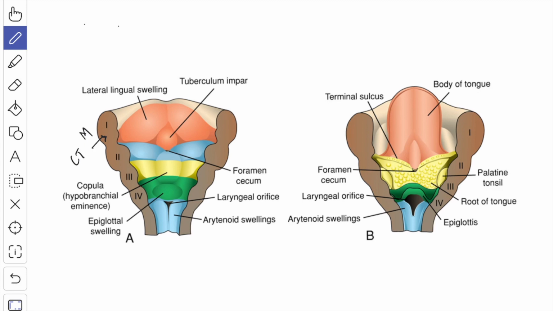The glossopharyngeal nerve, which is the nerve of the third arch, supplies the posterior third of the tongue, including the circumvallate papillae. The superior laryngeal nerve is the nerve of the fourth arch, so that supplies the vallecula.